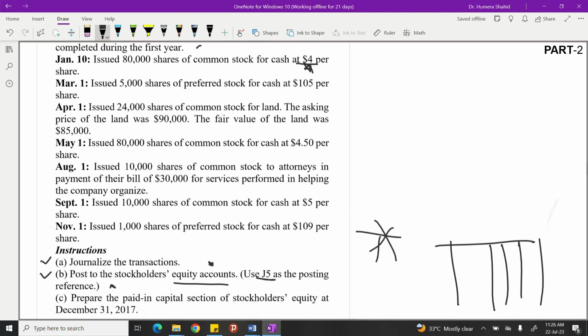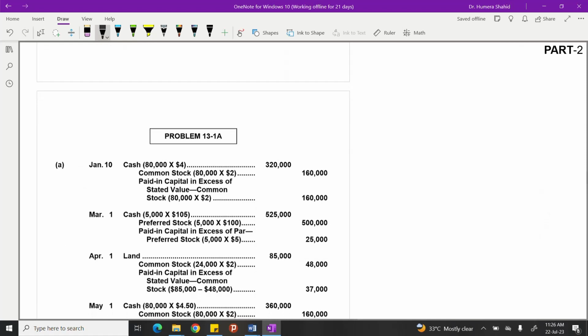Cash gets debit, 80,000 shares multiplied by 4, 320,000. Common stock gets credit with its stated value, 80,000 shares multiplied by 2, that is 160,000. Issue price is 4, stated value is 2, so excess is also 2. So 80,000 multiplied by 2, that is 160,000.